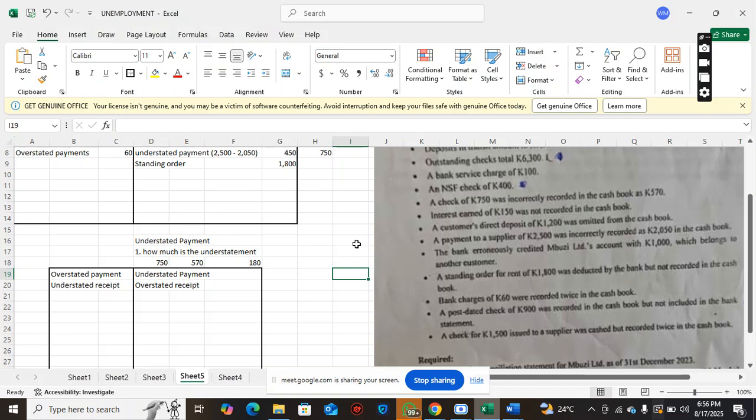So, colleagues, how do we deal with this post-dated check? So that has already been done. I don't think you reverse yet.